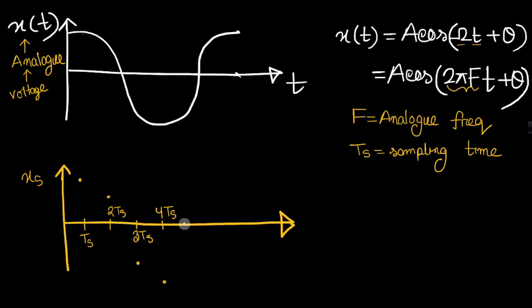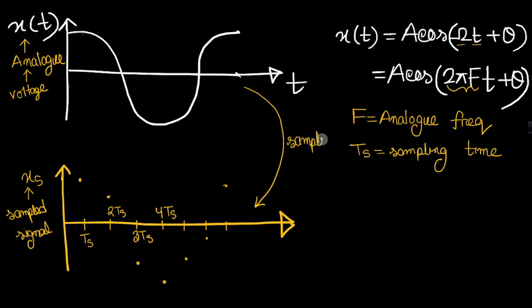That means after every Ts time you have to take the voltages like this, and this is called our sampled signal. You have obtained a discrete time signal from a continuous time signal, and this process is called sampling.